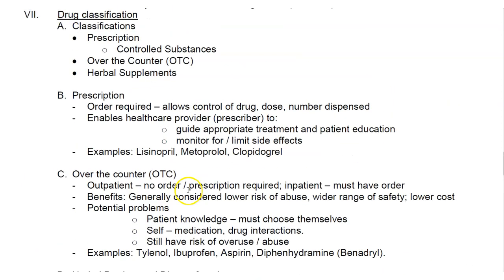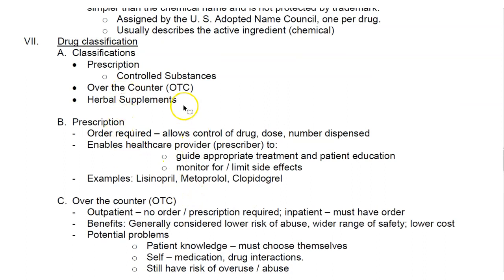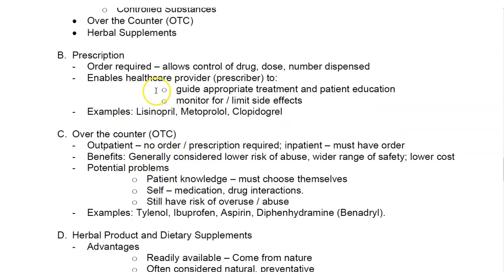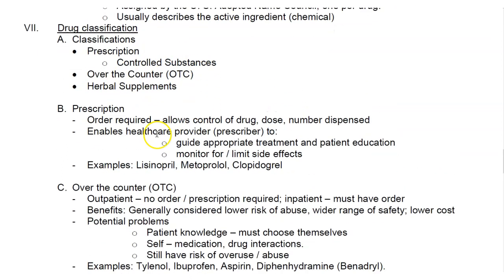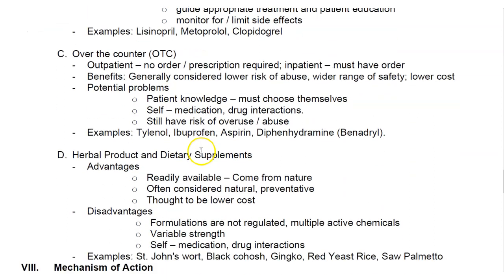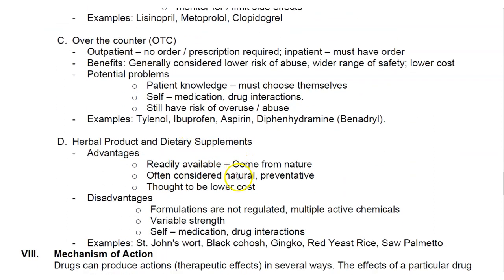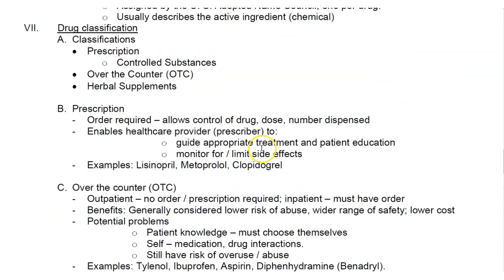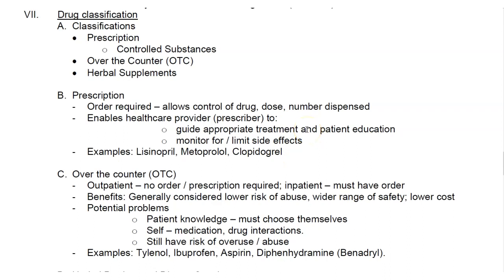So again, these are the classifications of drugs. Some prescriptions end up becoming over-the-counter drugs, and regardless of whether it's prescription, over-the-counter, or herbal medication, we as nurses need to make sure we're getting a thorough history, and make sure you're specifically asking the patients what they're taking. So don't just ask them what medications they're taking.